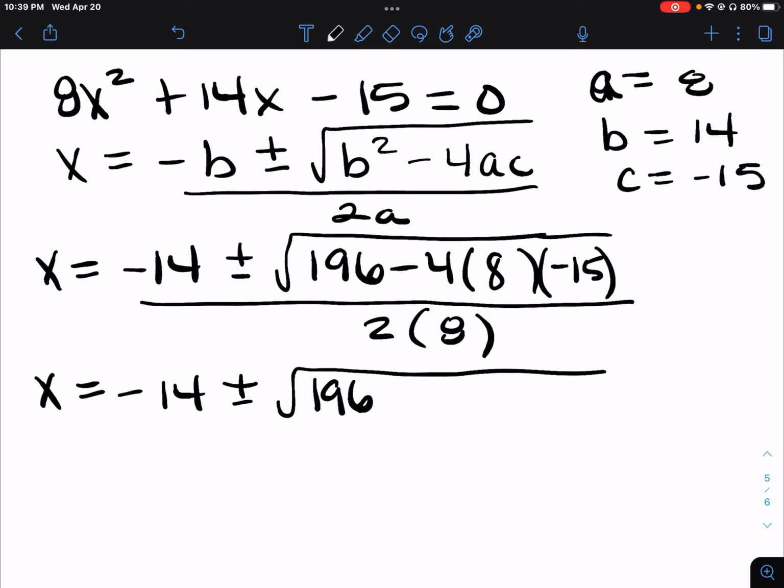A negative times a negative equals a positive. Okay, I forgot to bring a calculator. So I'm going to do 4 times 15 is 60, times 8 would be 480. On the bottom, 2 times 8 is 16.